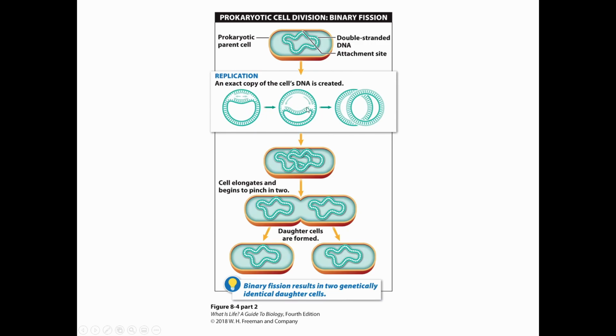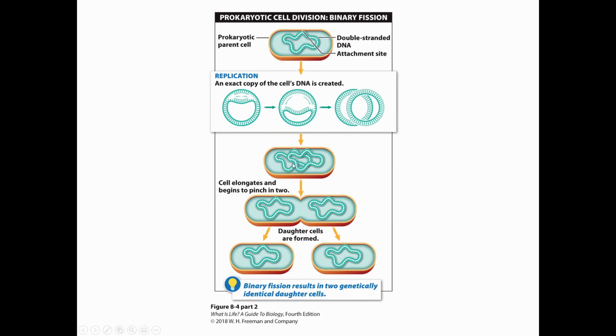And as we unzip, we're going to use an enzyme to add on the nucleic acids or add on the nucleotides on each side. So as we split the two strands away from each other from the DNA, we're going to add on the new nucleotides so that we have two complete circles at the end.